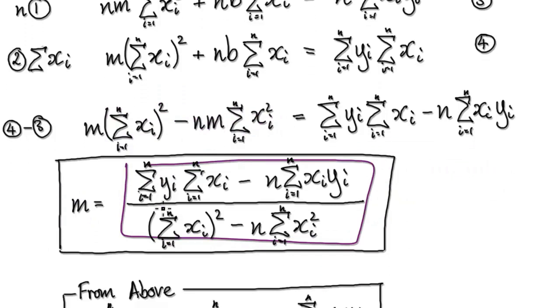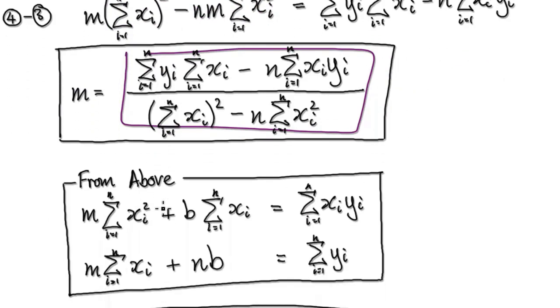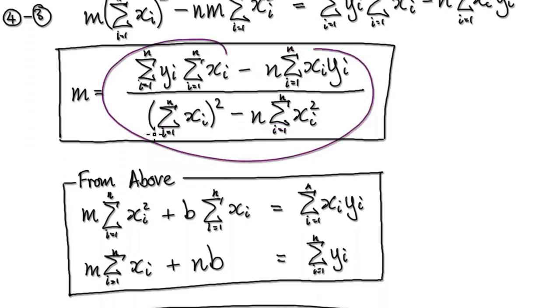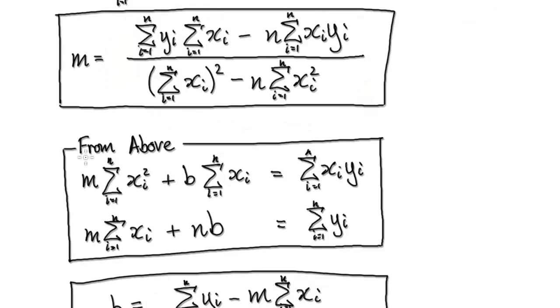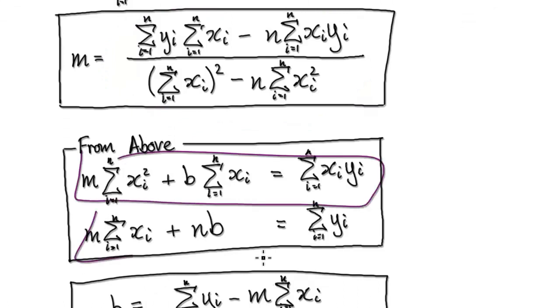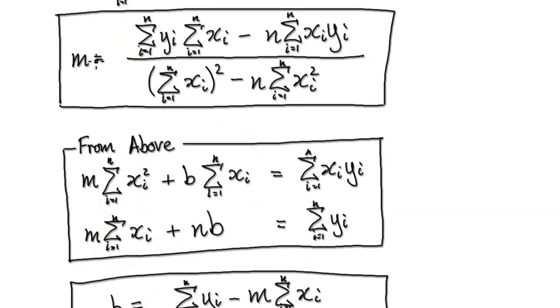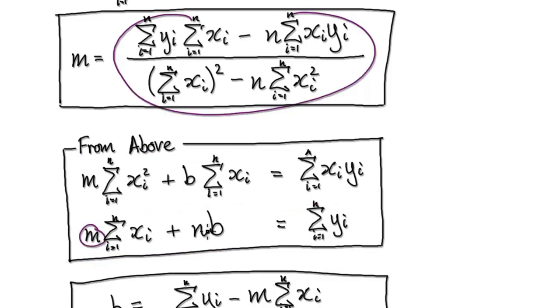Well, hang on, let me think. So we've got m at the moment. If you have m, then you can immediately work out b, because from above, this was our simultaneous equation. So once you've got m here, you can work out b.